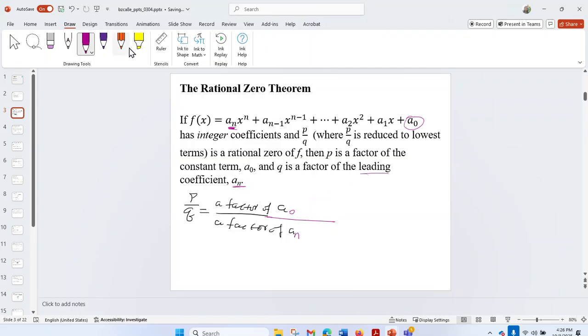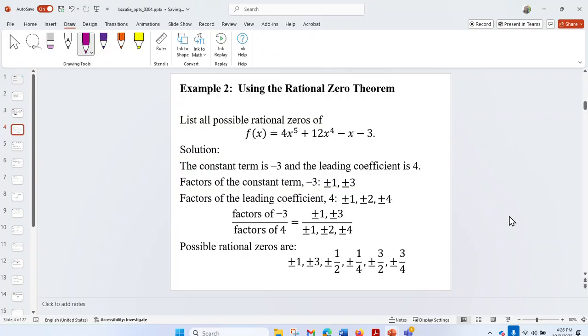So let's see how we do this one right here. Look at that. My A sub n here is equal to 4, and my A sub 0 is negative 3. So what is my P over Q? P is a factor of A sub 0, which is negative 3, over a factor of A sub n, which is 4. How many factors does negative 3 have?